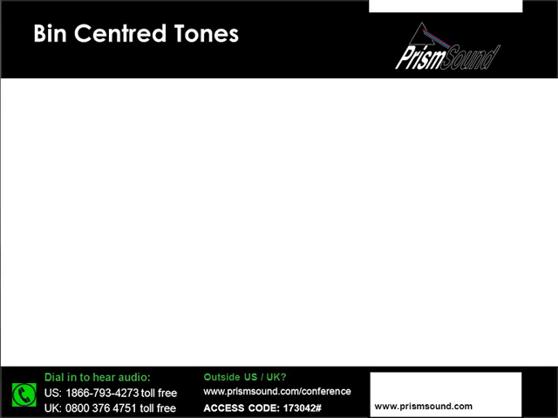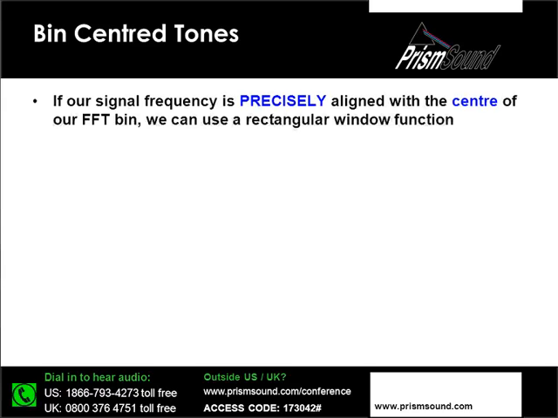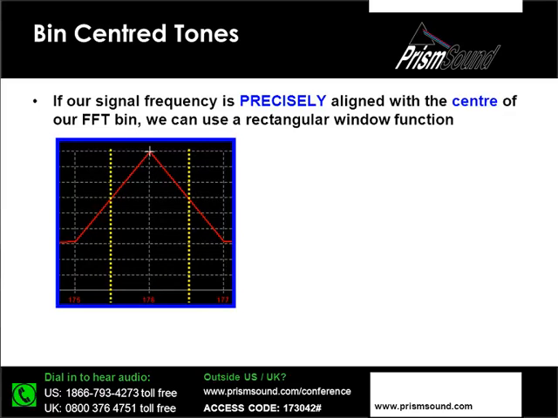And that brings us on to the notion of what we call a bin-centered tone. If our signal frequency is precisely aligned with the absolute dead center of our FFT bin, it turns out that we can use a rectangular window function for our analysis.